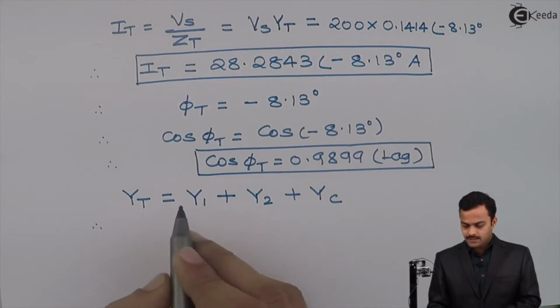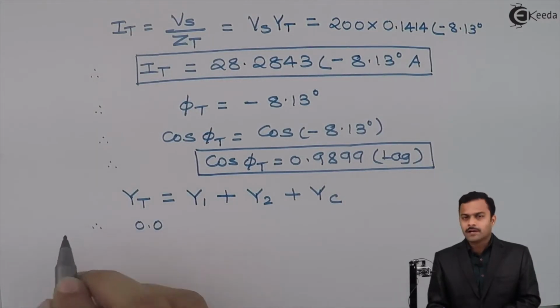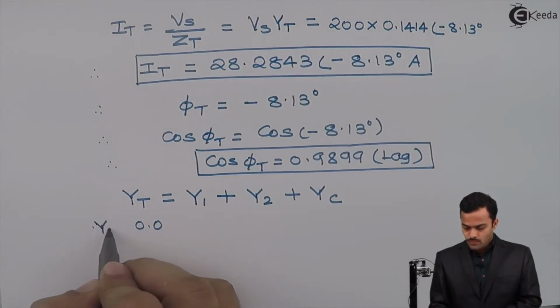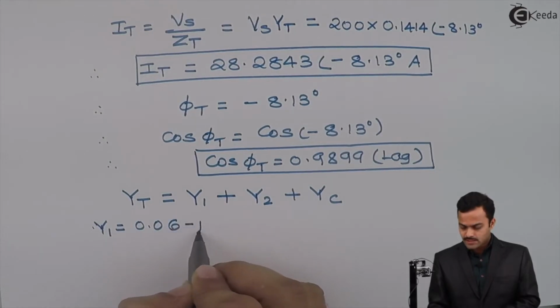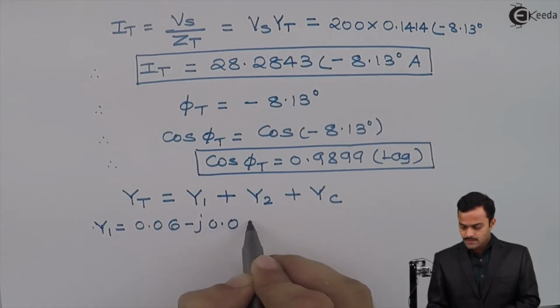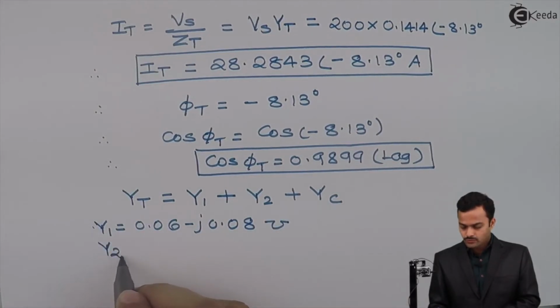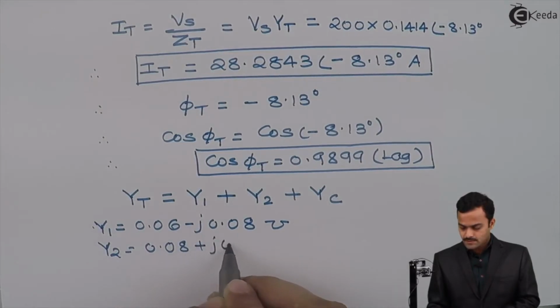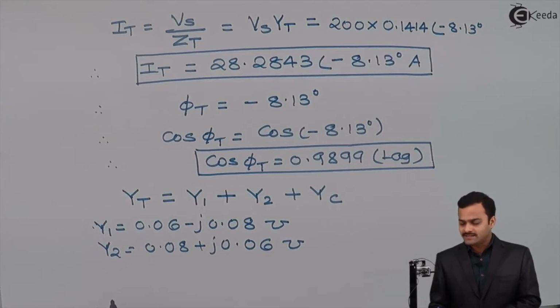So Yt is 0. Repeat. Y1 equal to 0.06 minus j0.08, Y2 is 0.08 plus j0.06 mho, and what should be Yc?